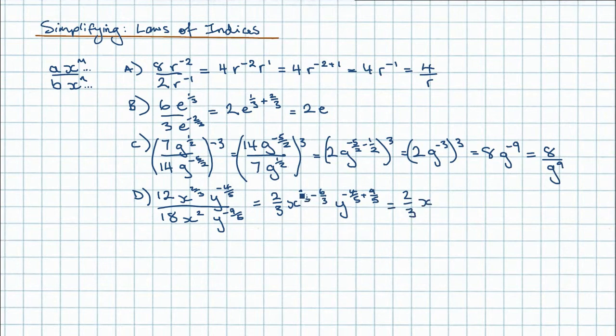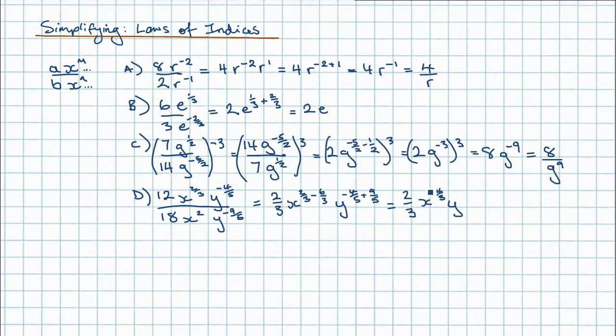Now to the minus, well, we've got 2 minus 6/3, so we've got minus 4/3, and we'll have now minus 4 plus 9, so that's 5/5, which is just 1, so y to the 1 is just y.